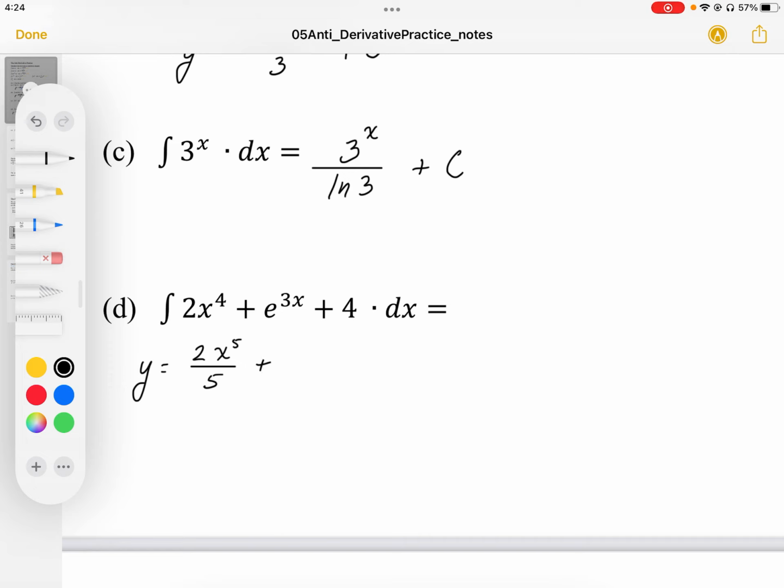Plus e to the 3x just becomes e to the 3x. It just regenerates itself. But because of that horizontal compression, we have to make sure we account for that with a divide by 3. The antiderivative of slope of 4 is just 4x, the linear function, and then we need to account for the plus c.